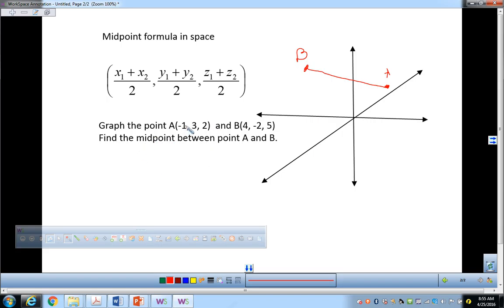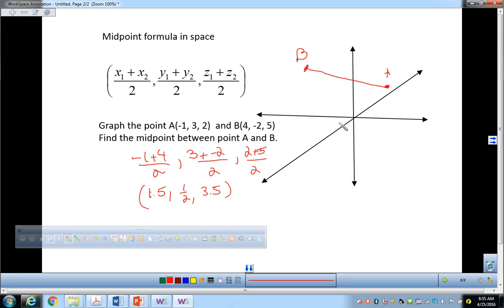The way you find the midpoint, it would be -1 plus 4 divided by 2, comma, 3 plus -2 divided by 2, comma, and 2 plus 5 divided by 2. So that's going to be 1.5, comma, 1/2, comma, 3.5.